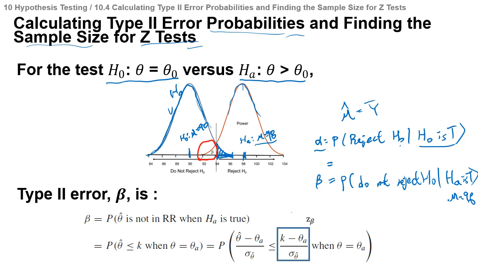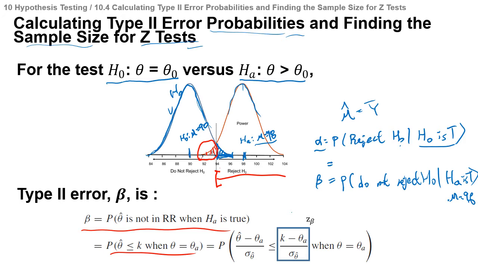So the rejection area is this area, so not rejecting H0 is here. So beta is the area here. Beta is this red area, and you can calculate this with this.